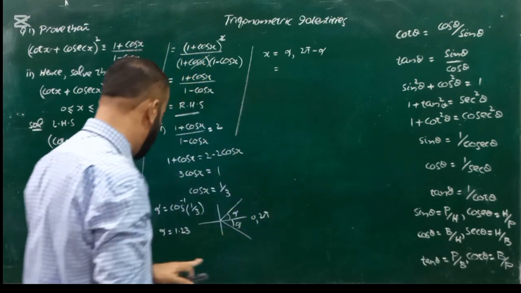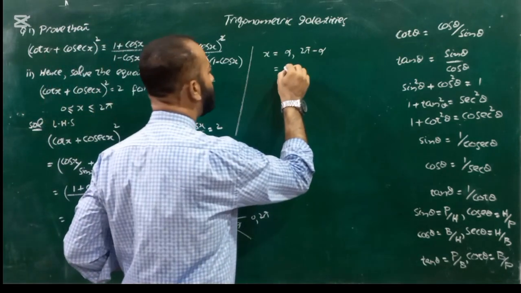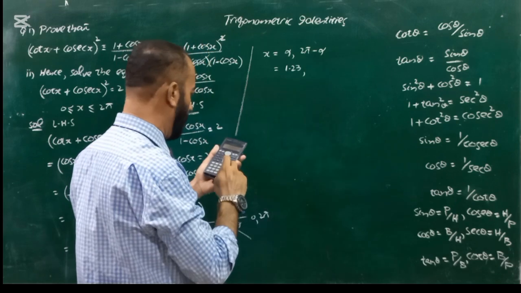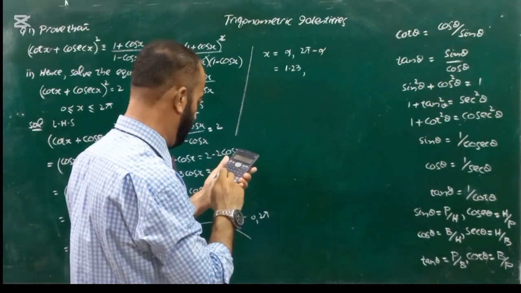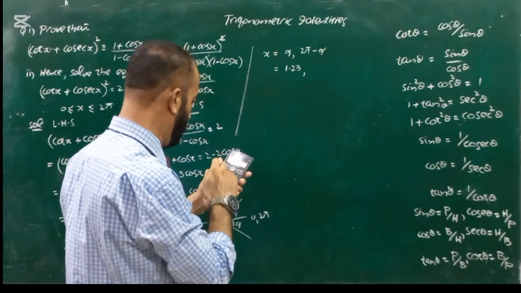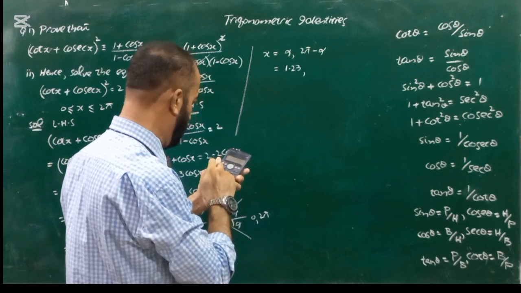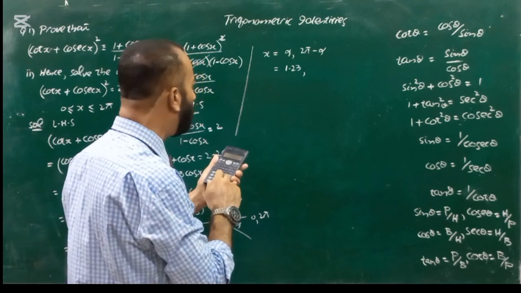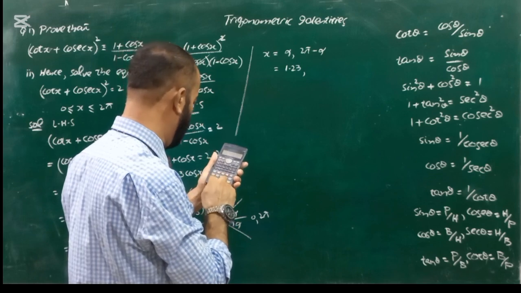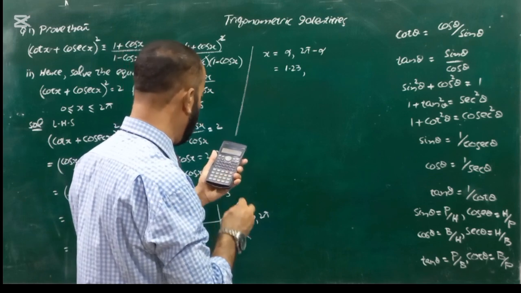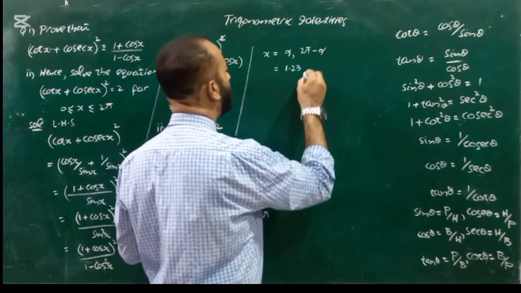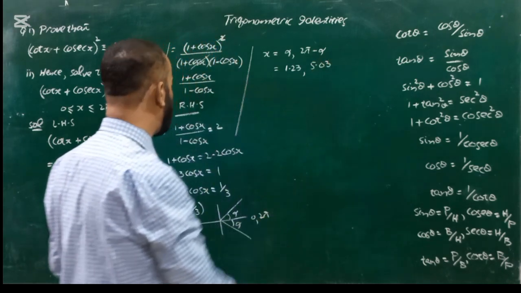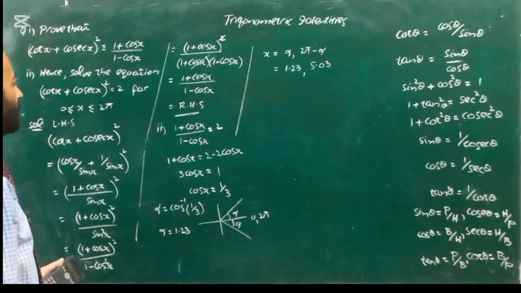So alpha is 1.23 and 2 pi minus 1.23 is equal to 5.05. So this is the solution of this equation.